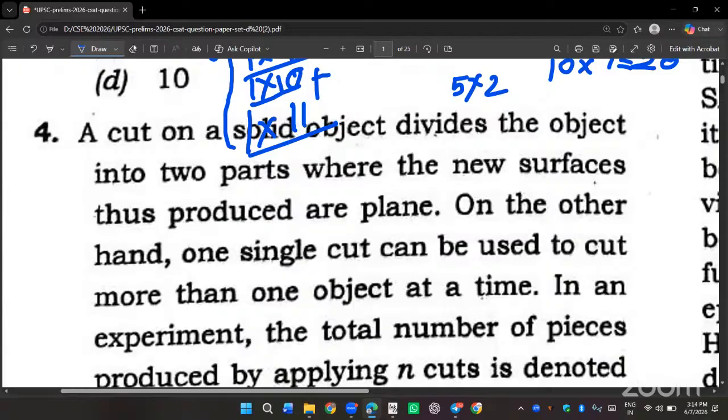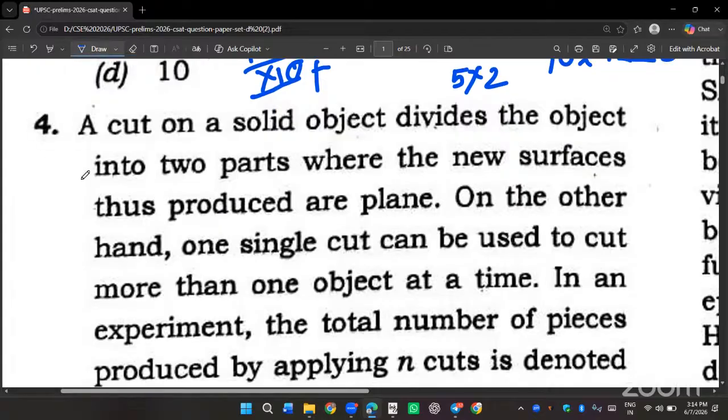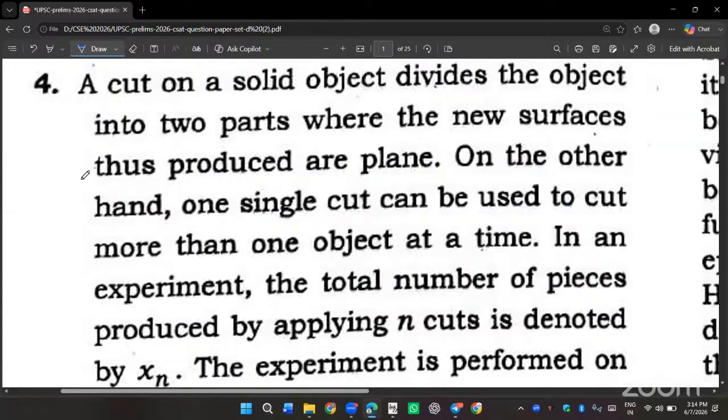This question has been already asked in UPSC. In UPSC, the same pattern is now asked. In how many ways will you cut any solid object to get these many parts?